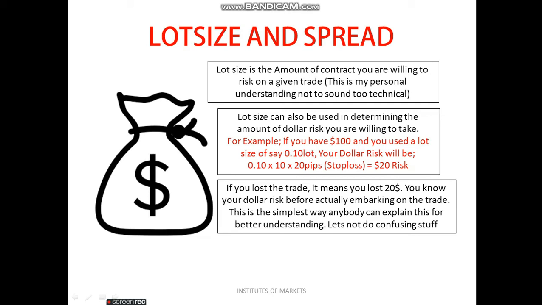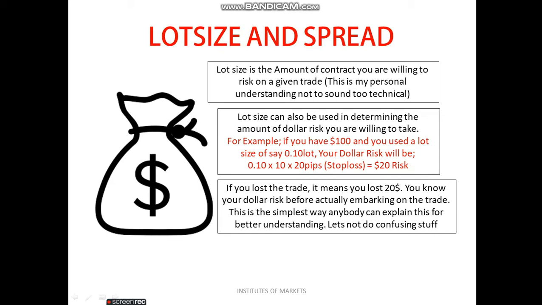The risk is 0.10, the lot size you put, times 10, which is a constant, times 20. This 20 is the number of pips in the stop loss. Multiply them and it gives you $20, which is your risk. If you lose this trade, you are going to lose $20.